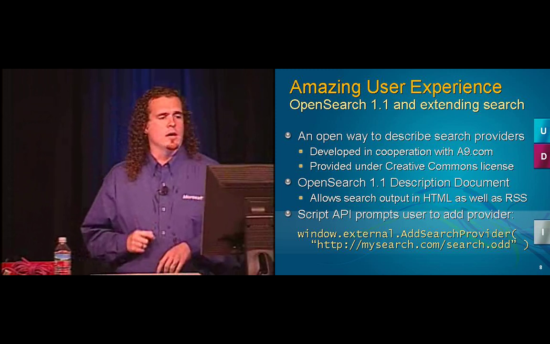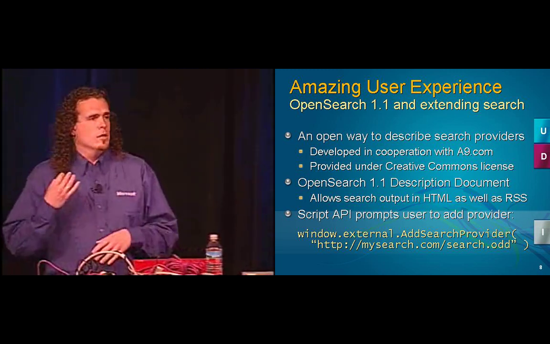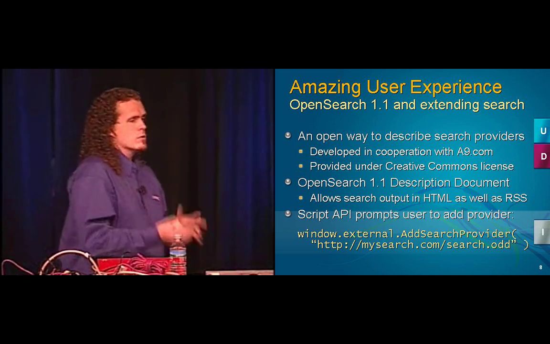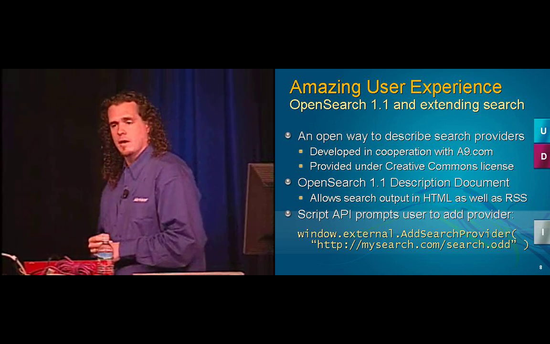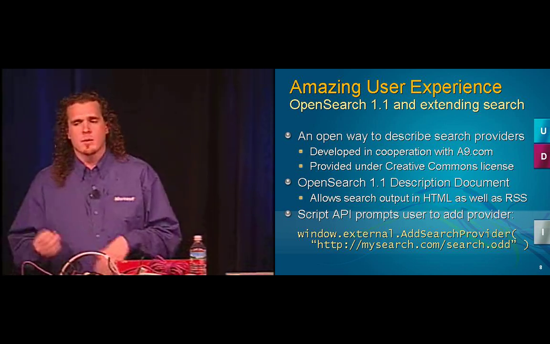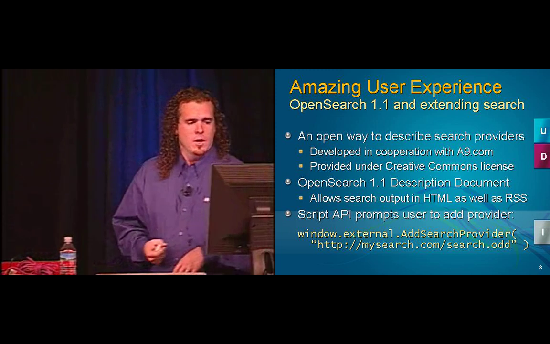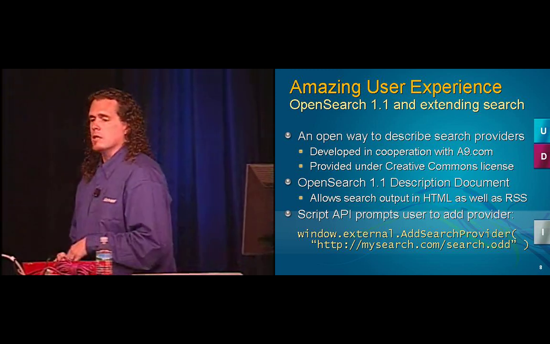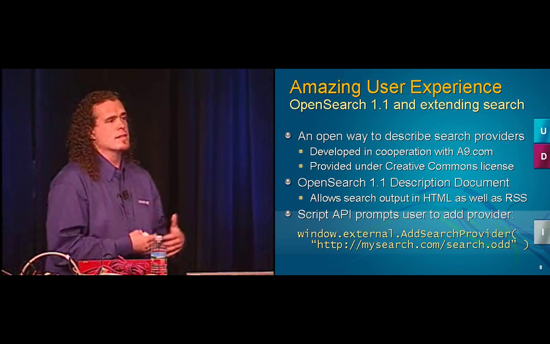I also wanted to say, with the search box, that we've not only provided a way to add new search providers for the user, but we've actually been working together with A9.com, and under the Creative Commons license, we've evolved the OpenSearch 1.0 specification. So OpenSearch 1.1 actually allows search output in HTML as well as getting the search results in an RSS feed.